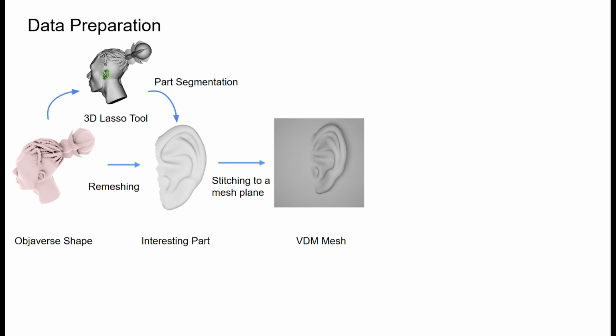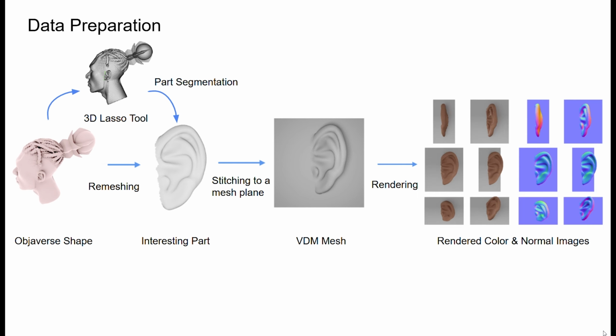The resulting meshes are then deformed to obtain coplanar boundaries, allowing them to seamlessly attach to a flat base tile, as required for defining VDMs. These processed shapes can then be rendered and used to fine-tune the multi-view normal generation model. We created a dataset of 1,200 shapes for training.